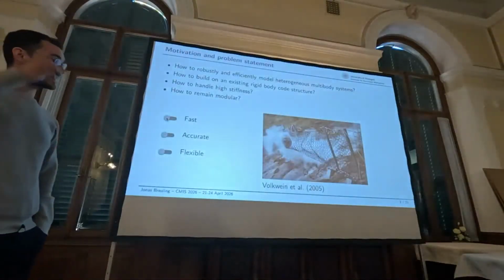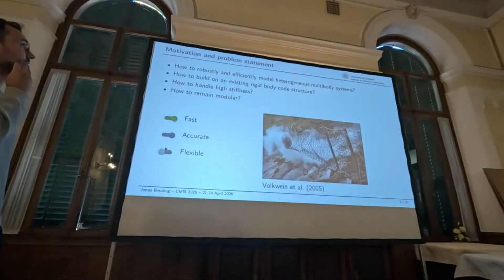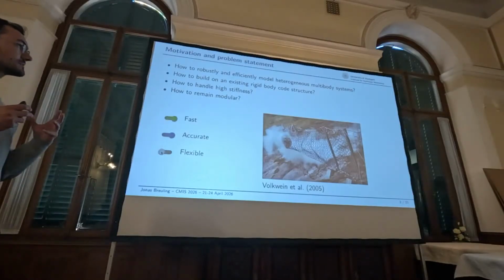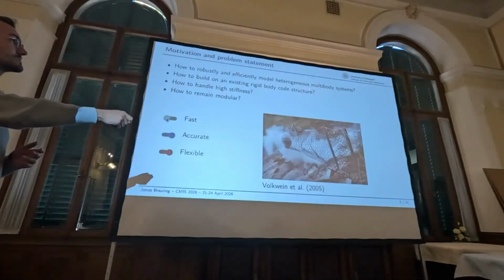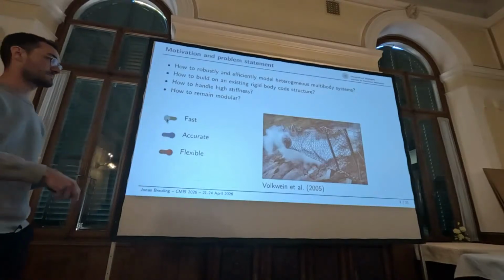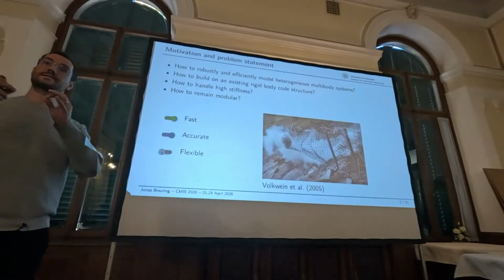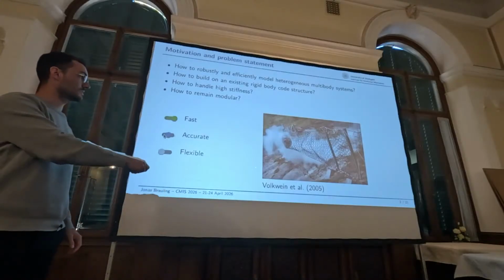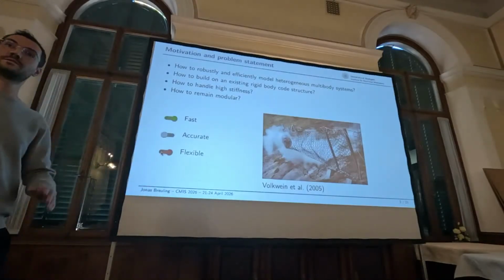But let's get started. What's the idea? I want to have a model that is robust, efficient, and can capture heterogeneous multi-body systems, like such a protection net, which consists of elastic parts, some very rigid parts, these large boulders, maybe also the ground.